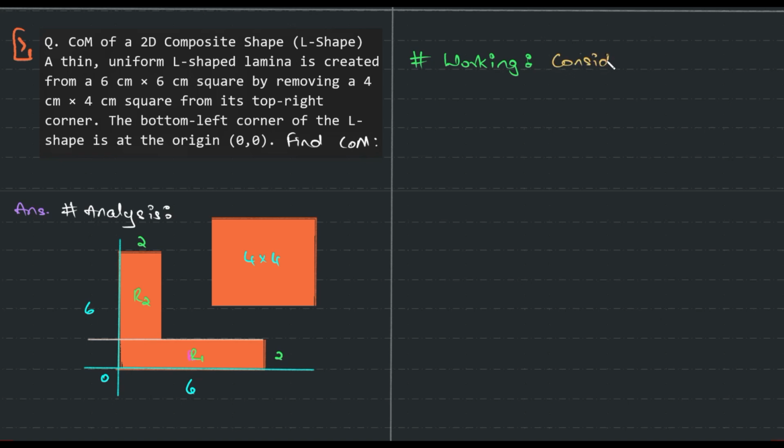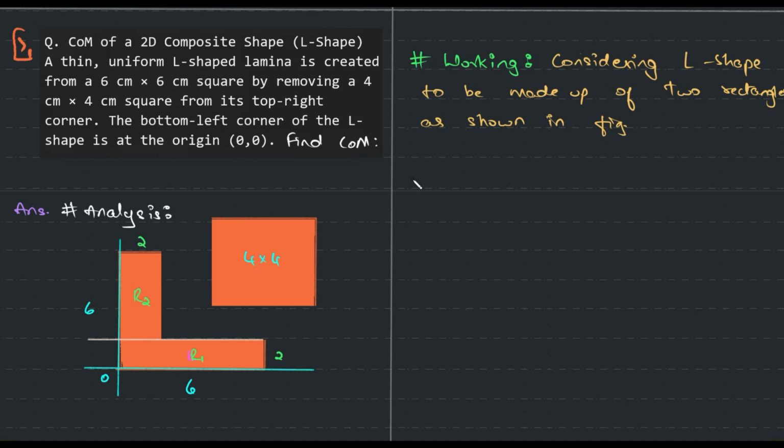Considering the L shape to be made up of two rectangles as shown in the figure. Then we have the center of mass of rectangle 1.